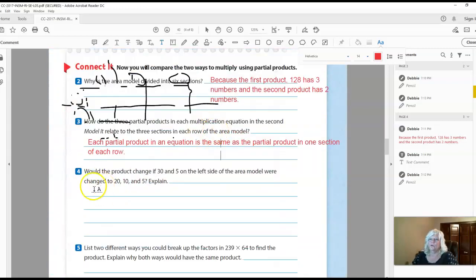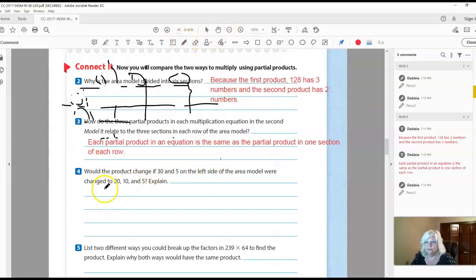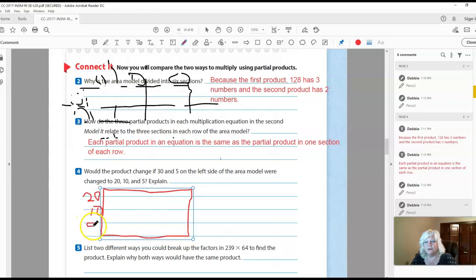Would the product change if 30 and 5 on the left-hand side, when we drew that box, were different? Would the answer change if we did 20 over here, then 10 over here, and then 5 over here?